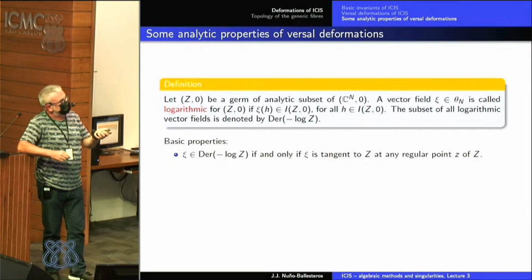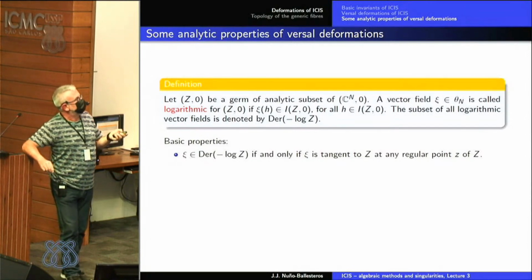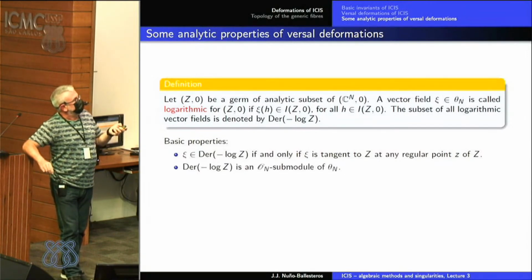So at any regular point, you have a well-defined tangent space. So this vector field is tangent, so belongs to the tangent space at this point. Another interesting property is that this set is in fact an O-submodule of the module of vector fields on Cn. So this is a submodule.